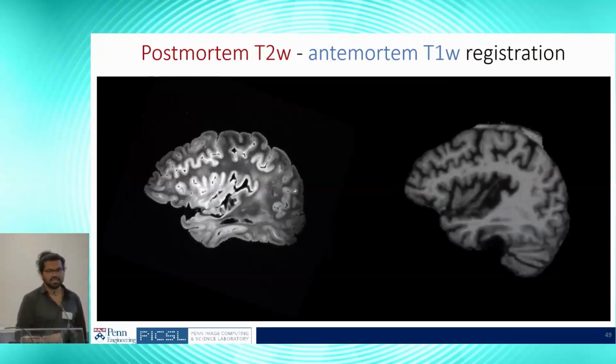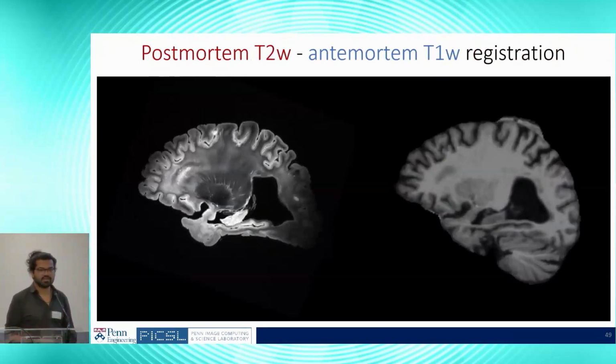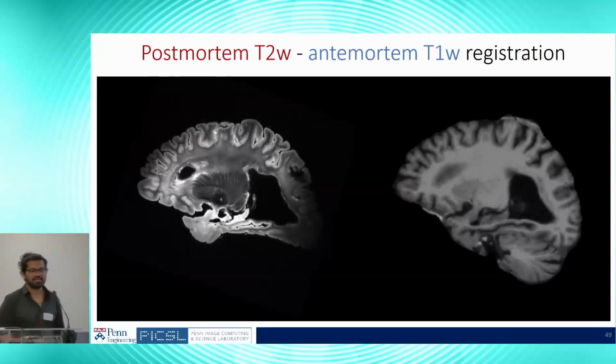Finally, this is the last slide, and what I want to show is that we have achieved segmentation and parcellation. The last step, which really is the key, is that at the end of the day, you want to translate whatever you learn to antemortem so that you can create specific biomarkers. Recently, we were able to solve the registration, based on the initial segmentation, between antemortem and the corresponding postmortem.